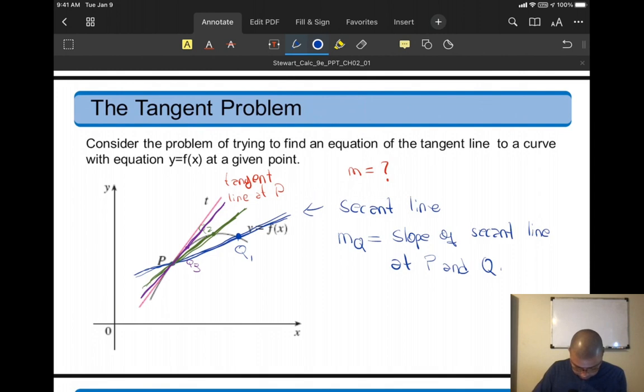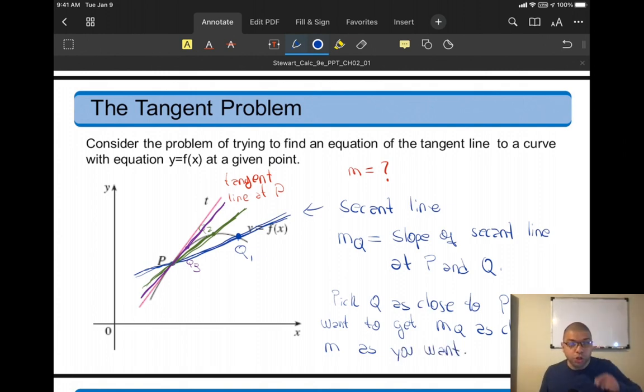Okay, so that's the idea. Pick Q as close to P as you want to get m_Q as close to m as you want.